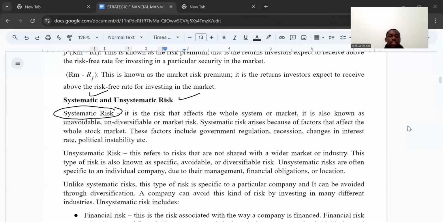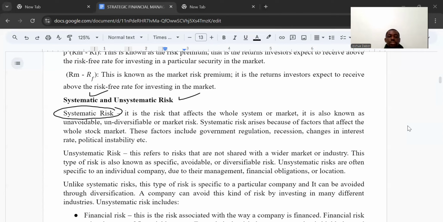Unsystematic risks are often specific to an individual company due to their management, financial obligation, or location. They are not risks that are spread across the market. They are risks that are specific to a particular company.